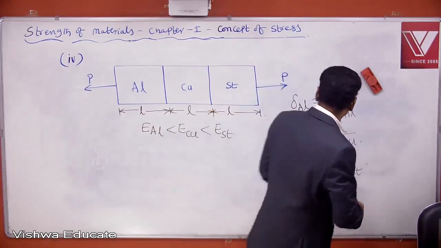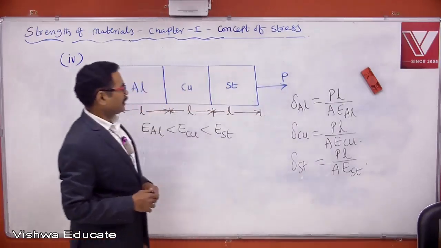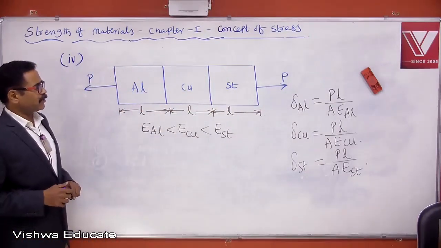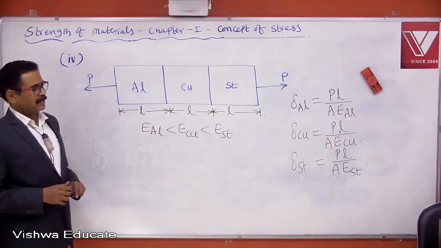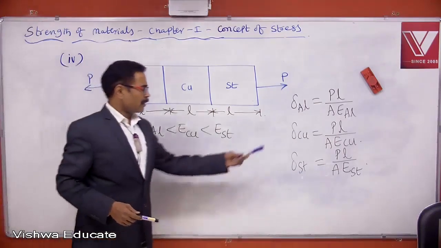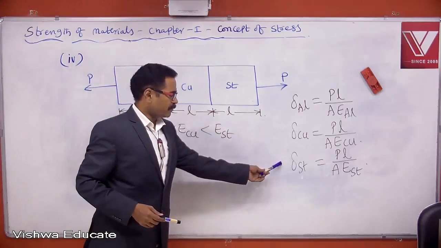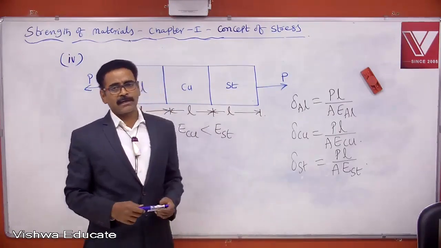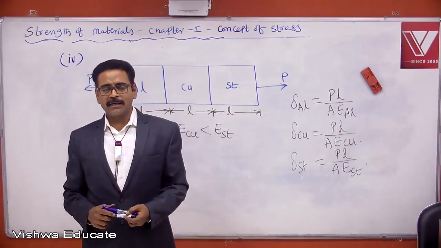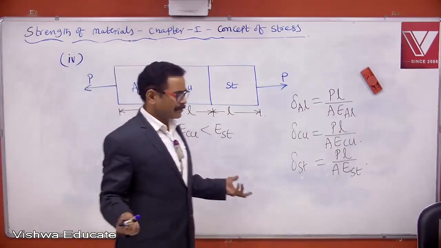So if you want to copy these things: delta aluminium is equal to PL by A into E aluminium. Like that, delta copper and delta steel. Deformation in aluminium, deformation in copper, deformation in steel. Copy this, and from these three we can easily understand aluminium section may carry highest deformation and highest strain. Okay?